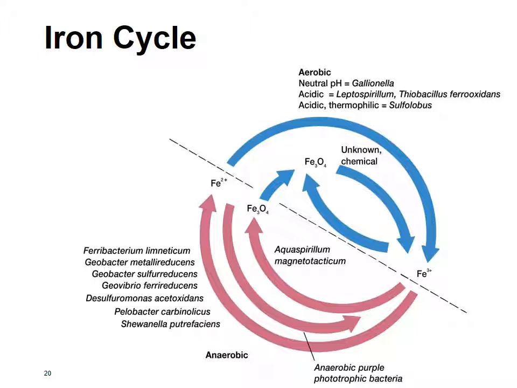In addition to these relatively simple iron reductions, some bacteria known as magnetotactic bacteria transform iron in their immediate environment to the iron oxide called magnetite. And the chemical formula of magnetite is shown here towards the centre of this cycle, and you can see that the formula is Fe3O4.